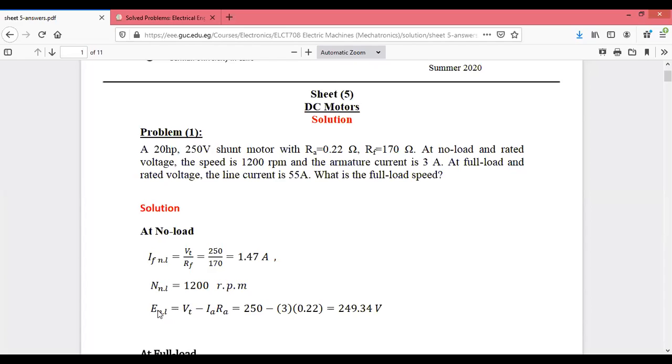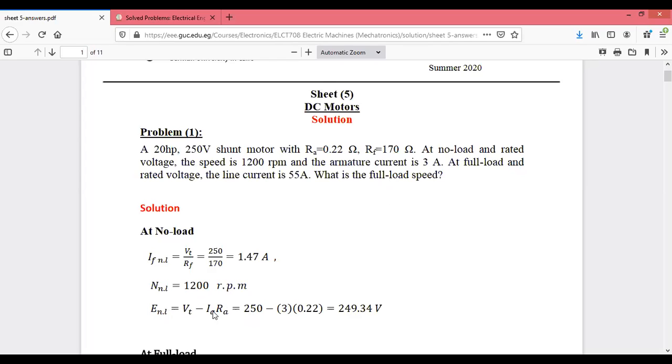But here we are saying the EMF will be with no load, because here we have the armature current, which is 3 ampere, and they have given armature current 55 when there is a full load. So your equation will become 250 minus 3 into Ra, the value of Ra is 0.22. These things will remain constant.